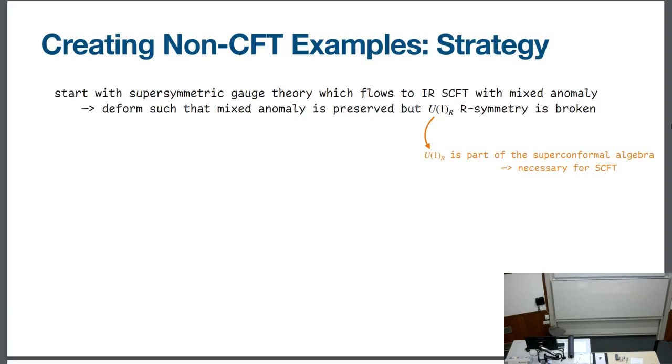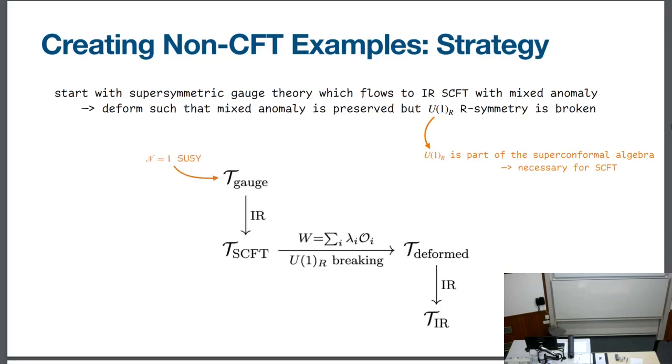If you break the R symmetry, then, modulo a subtlety, you probably do not have a superconformal field theory in the infrared. Disclaimer, you could have emergent abelian symmetries and emergent CFT in the infrared, but let's not dwell on this slight disclaimer. So this would be the kind of case that we would be interested in.